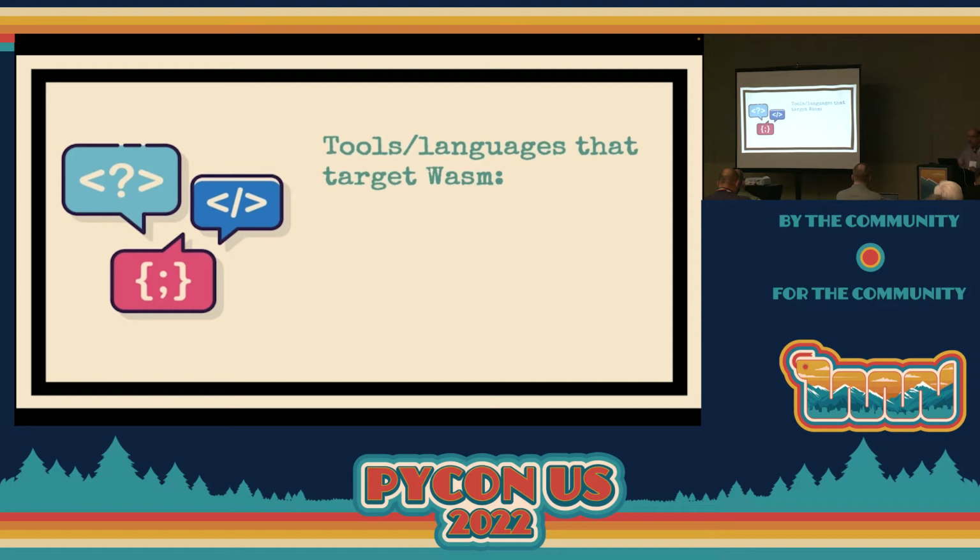So what languages, what tools are currently available? These are probably the most popular ones, but there are many others, and many others are being designed at this moment. One of the most popular ones is this compiler called Emscripten. This runs over the LLVM toolchain. It was designed initially to work mainly with C and C++, but it does support some other languages that are able to be integrated with LLVM.